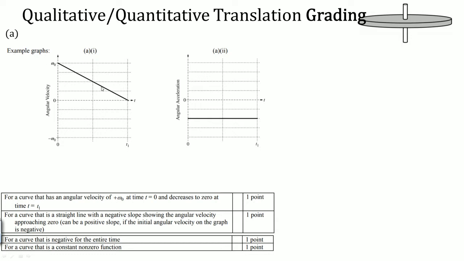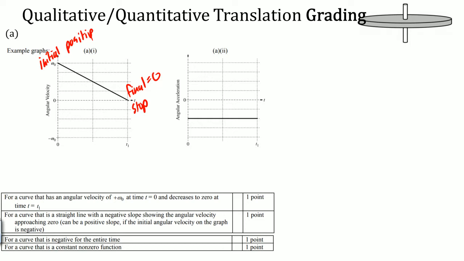The angular velocity does decrease because it has an initial angular velocity. Initial is positive, and then the final is 0 because it stops.